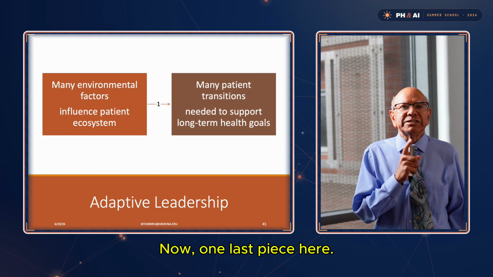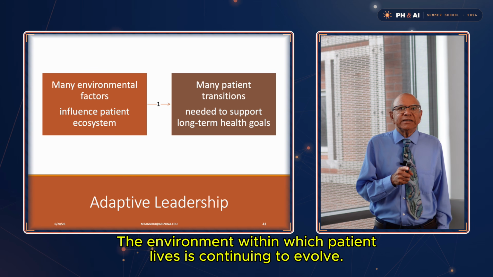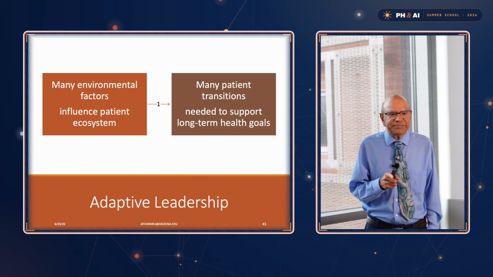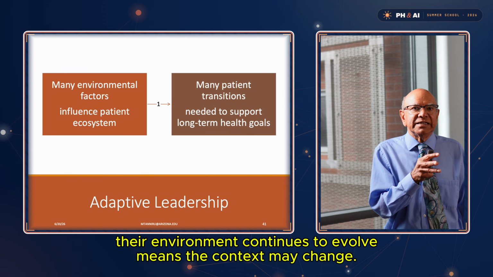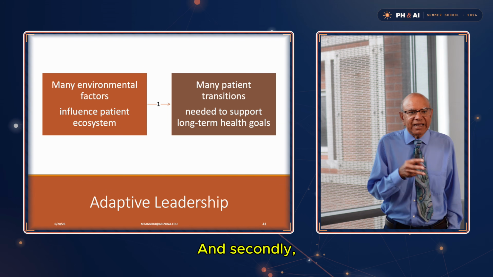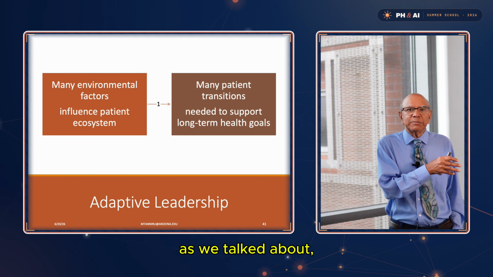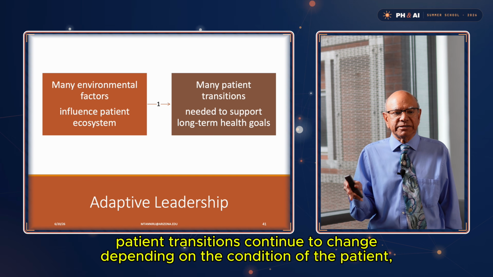Now, one last piece here: the environment within which the patient lives continues to evolve, so even if you understand the patient context, the context may change. And secondly, as we talked about, patient transitions continue to change depending on the condition of the patient.